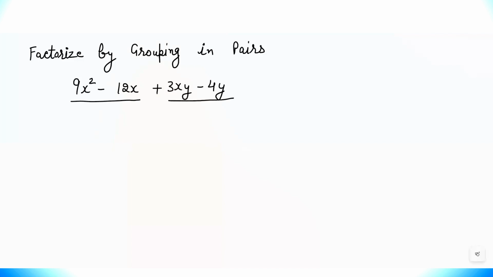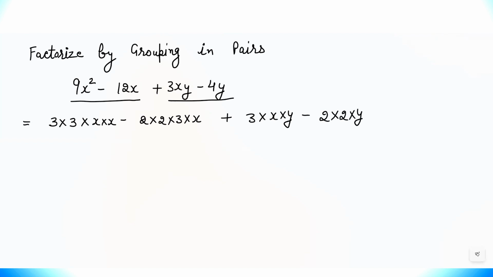Now I will write 9 as 3 into 3, x square as x into x, 12 as 2 into 2 into 3 into x, then plus 3 into x into y minus 2 into 2 into y. Now this I will take as the first group, this as the second group.